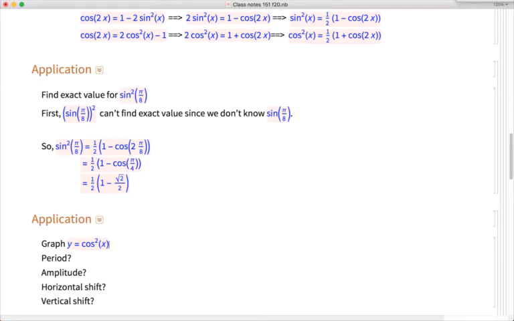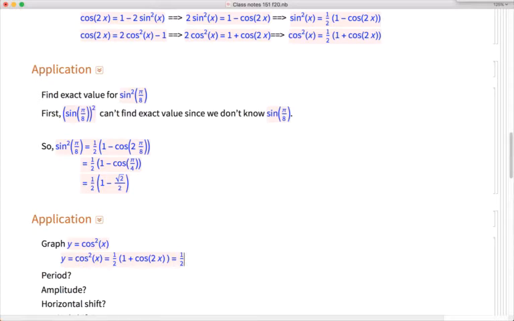Right, so the trig identity says, well, y equals cosine squared x. You can rewrite that as 1/2 times 1 plus cosine 2x. And then I'll expand that out, just multiply out the 1/2.